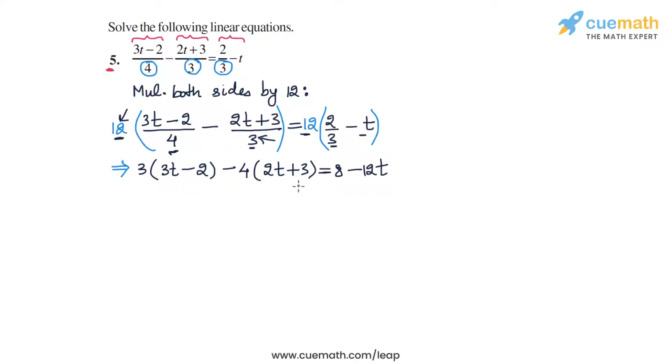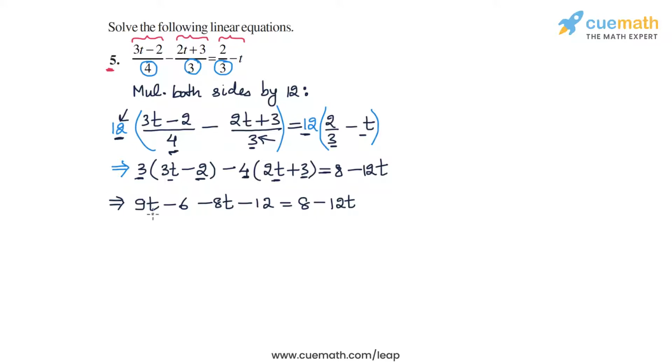So now you can see that the equation has been converted into a slightly different equation where all the coefficients are integers. Now let's expand the products. We have 3 into 3t, that's 9t, minus 3 into 2, so minus 6, and then minus 4 into 2t, so minus 8t, and minus 4 into 3, that's minus 12, and on the RHS we have 8 minus 12t.